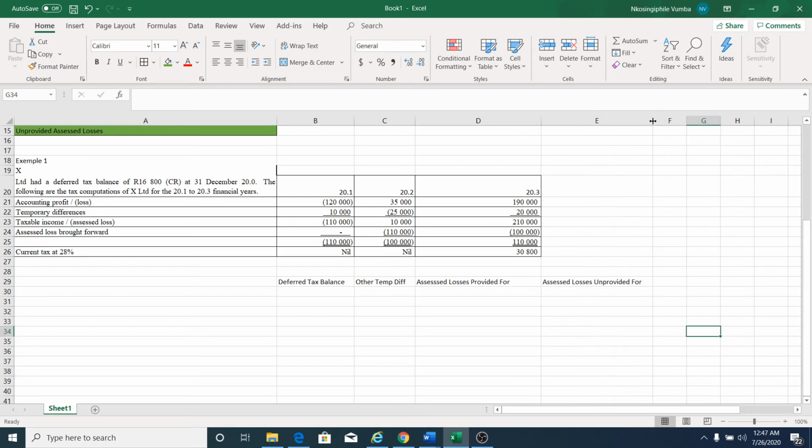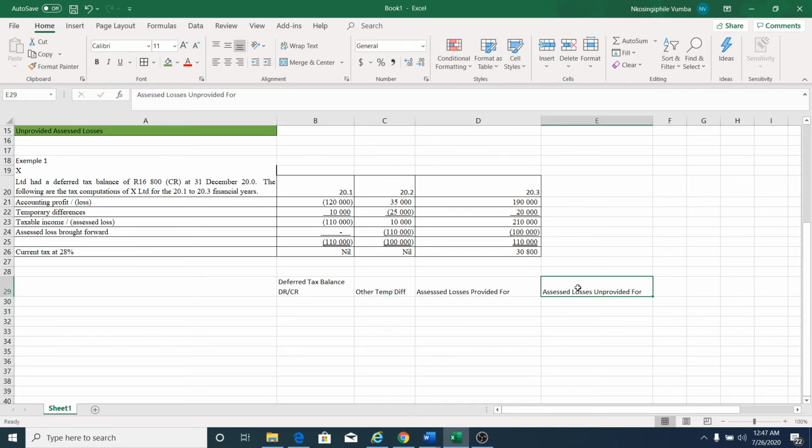Here's what I want you to know. This is a balance, whether it is debit or credit. One thing you should know is that this whole column of assessed losses unprovided for is only for disclosure purposes.